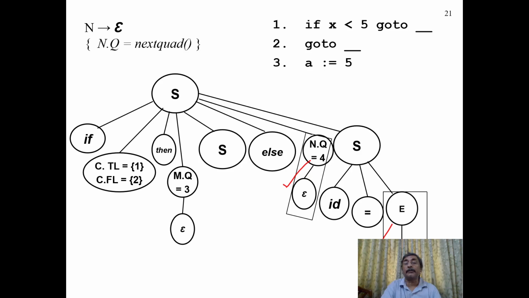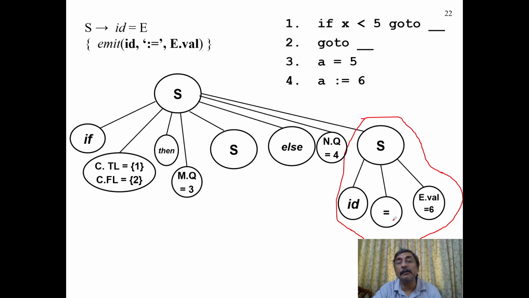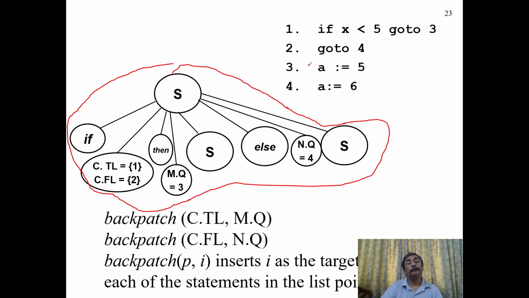Once I go to the reduction, E.val is set to 6, and then the reduction for the assignment statement. In the assignment statement, this particular line will be generated, and then I go to here. Now you see that M.Q remembers where the code should go in case the condition is true.